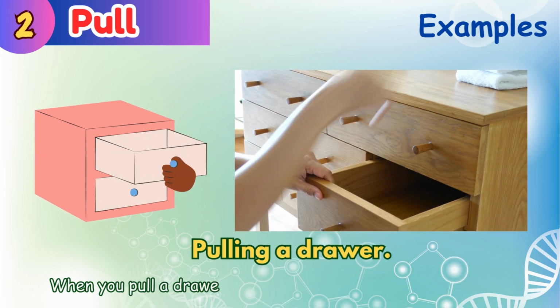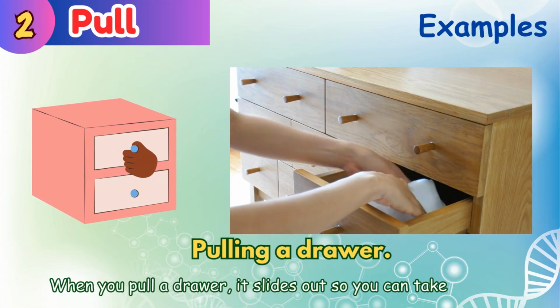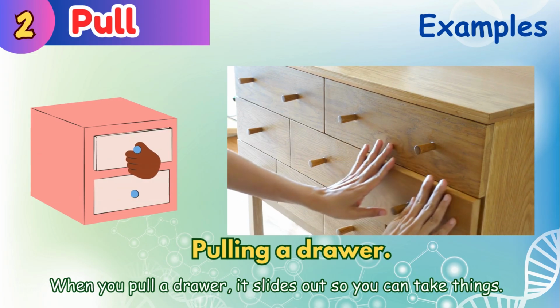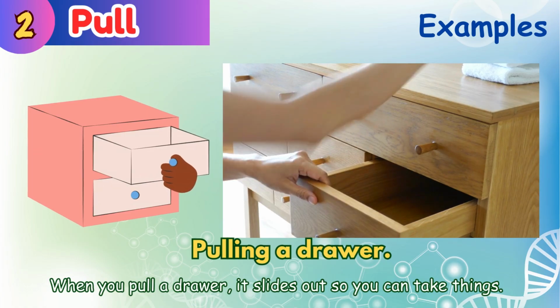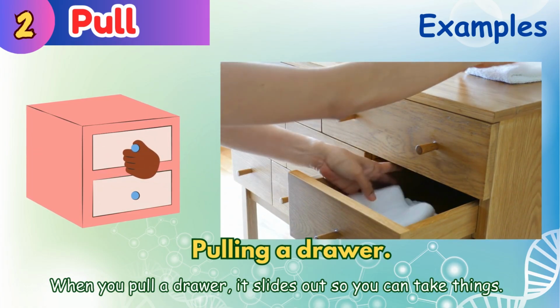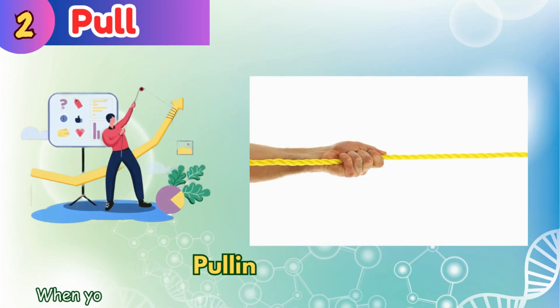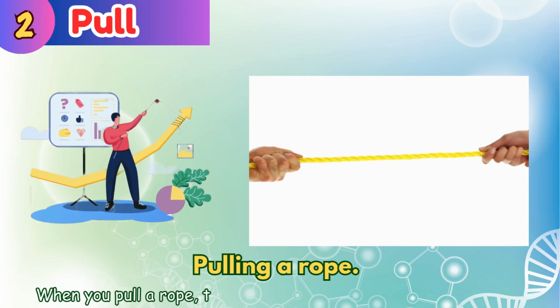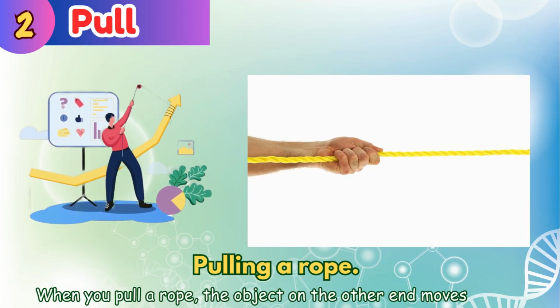When you pull a drawer, it slides out so you can take things. When you pull a rope, the object on the other end moves closer.